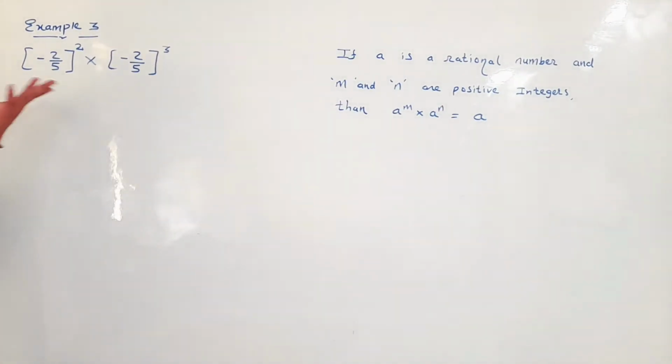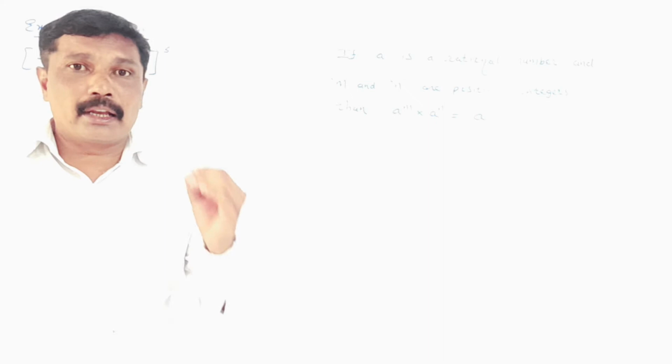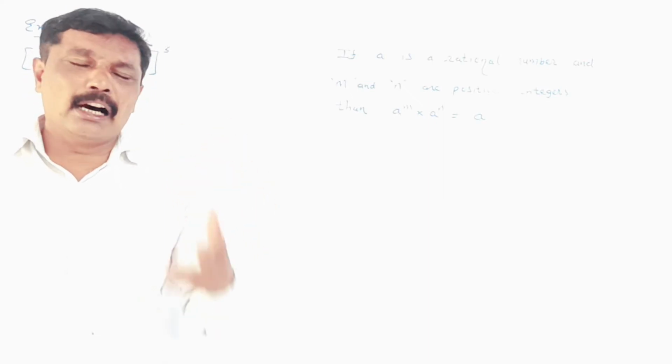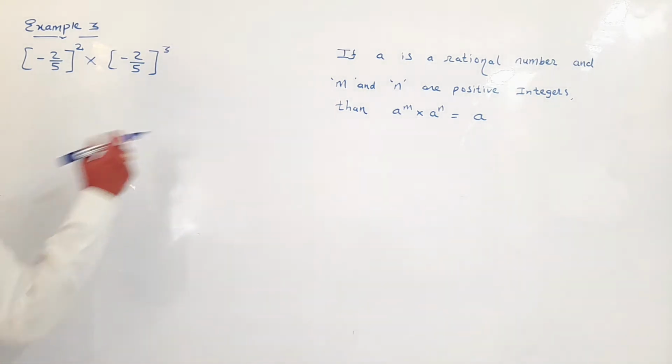Let's consider the next problem. My dear student, here in the next problem, if you carefully observe, you will find that we have two indices with the same base and they are multiplied. We can write it in another way also.